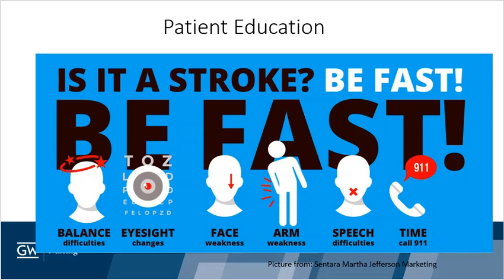A is sudden arm weakness, so they can't lift their arm up anymore to do things with it. And then speech difficulties for S, and then T, time to call 911. So again, this is a really great tool to be using for patient education, for educating them on signs and symptoms of stroke and what to look for.